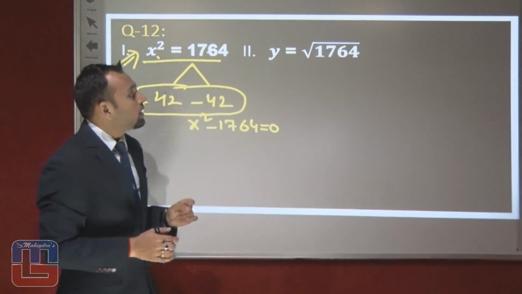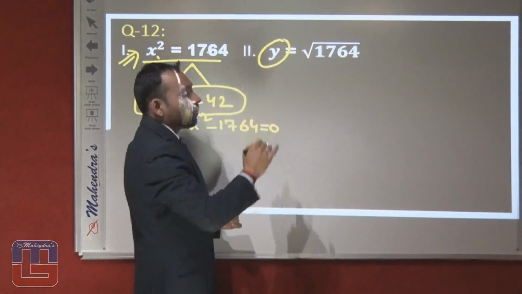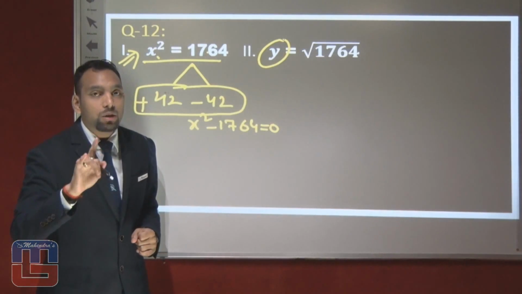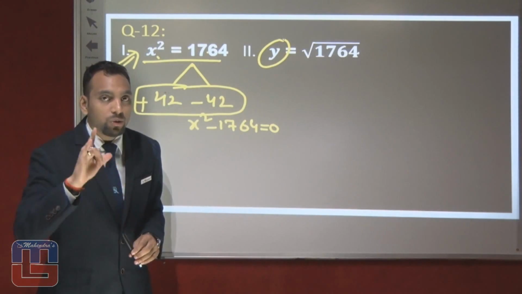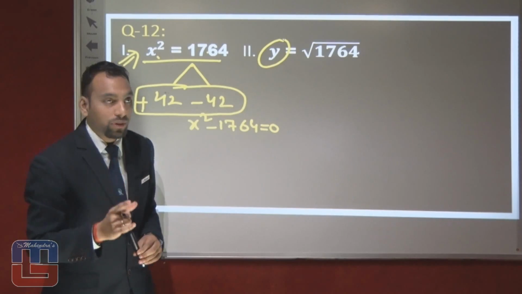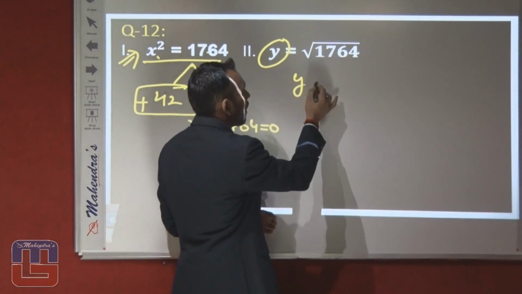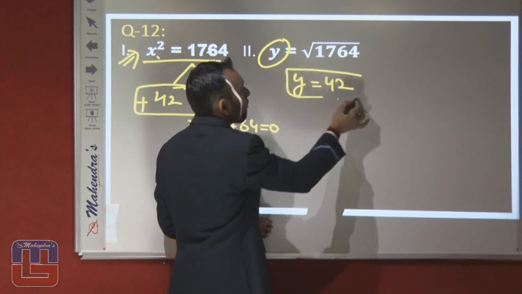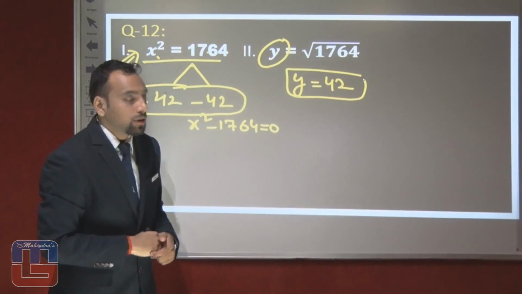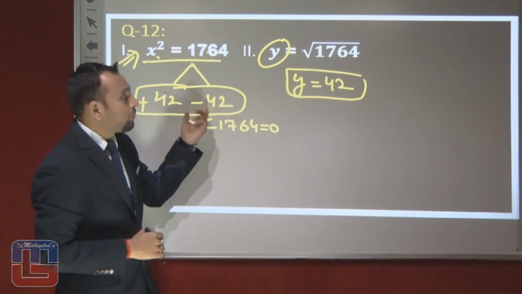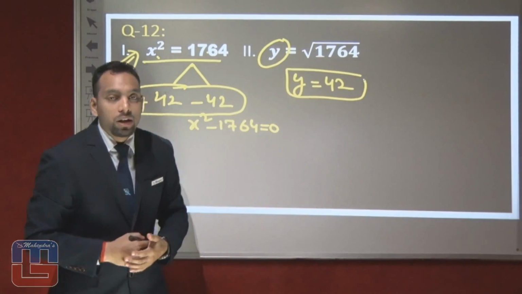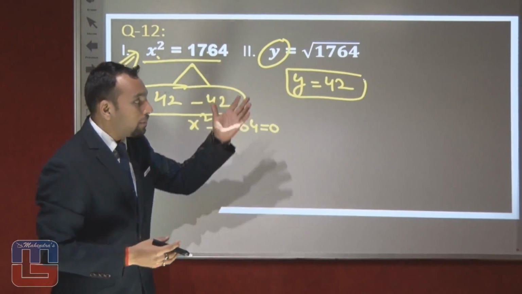Now see, in this case the degree of y is 1, so here we will get only one value and the value will always be positive. So here y will be equal to 42. Now see, 2 values of x we have and 1 value of y we have. Directly we can compare or by making a chart.